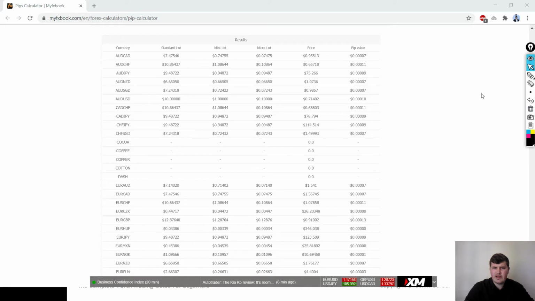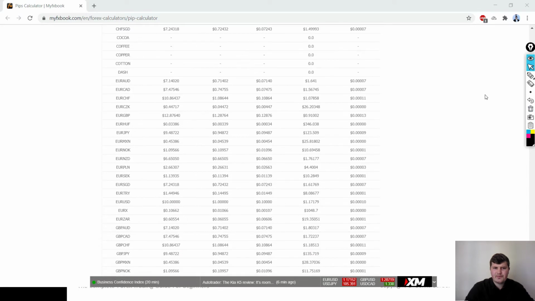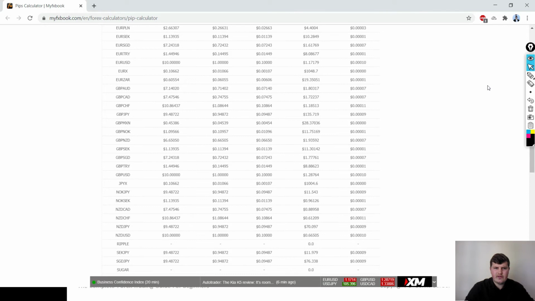To show you guys another example, here is the Euro USD, which is also $10, and the Pound USD is also $10. So wherever the US dollar is the quote currency, it will have a dollar value per pip of $10. So that is just something to remember.